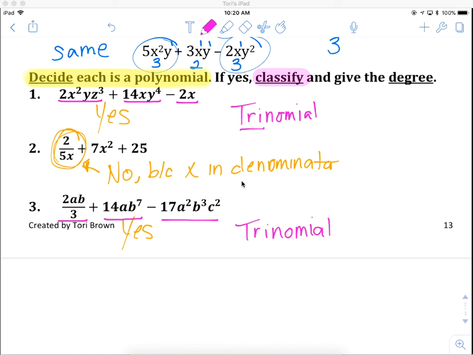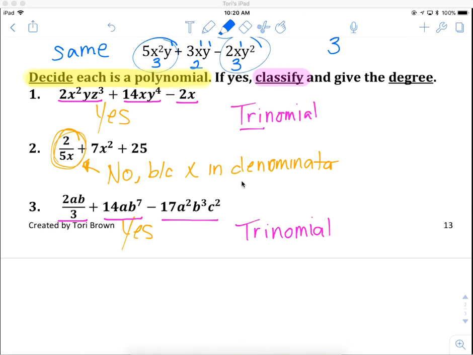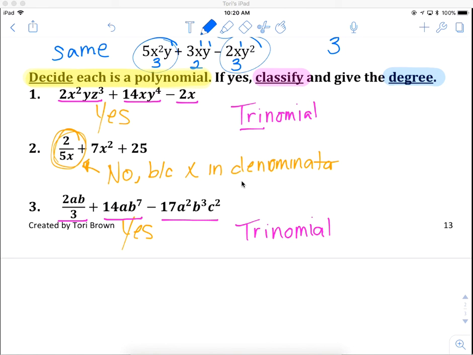We have 1 piece left to our question. You're going to have 3 parts to the questions. The last one is the degree. Remember that when we're answering for degree, we have to find the highest degree out of that whole polynomial. We have to find each term and then figure out which one's higher. So on this first one, we have a 2 plus a 1 plus a 3.